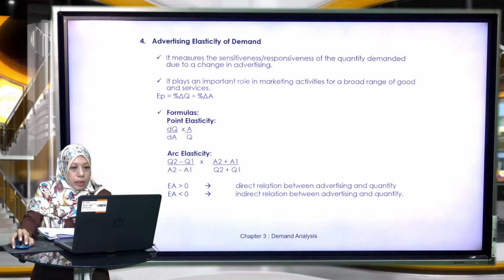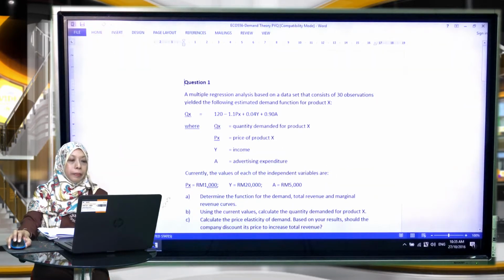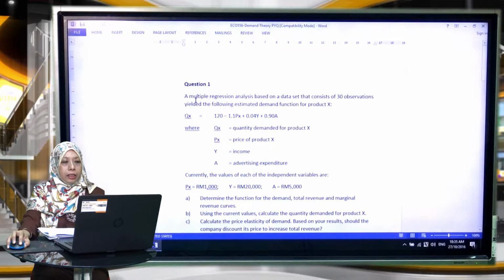What we're going to do next is look at one example. I just want to test your understanding of the lecture just now. Let's say that you are given a demand function.